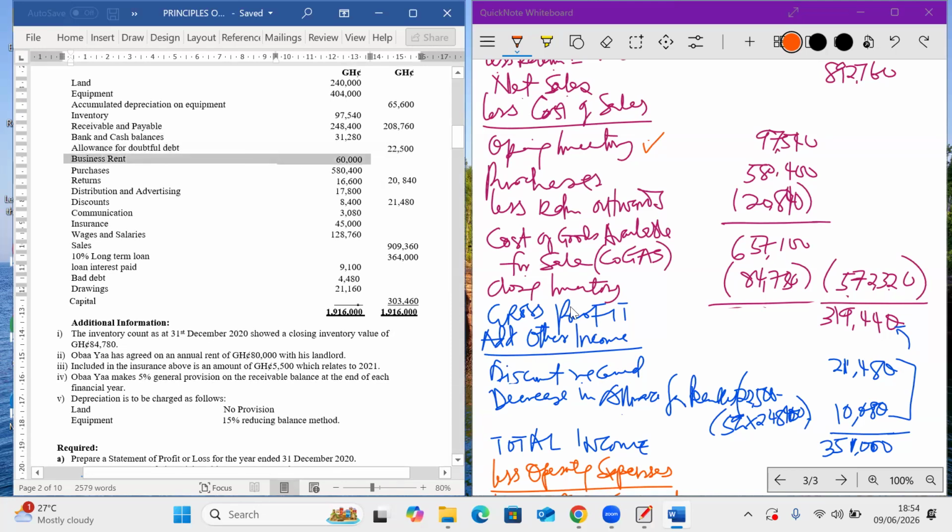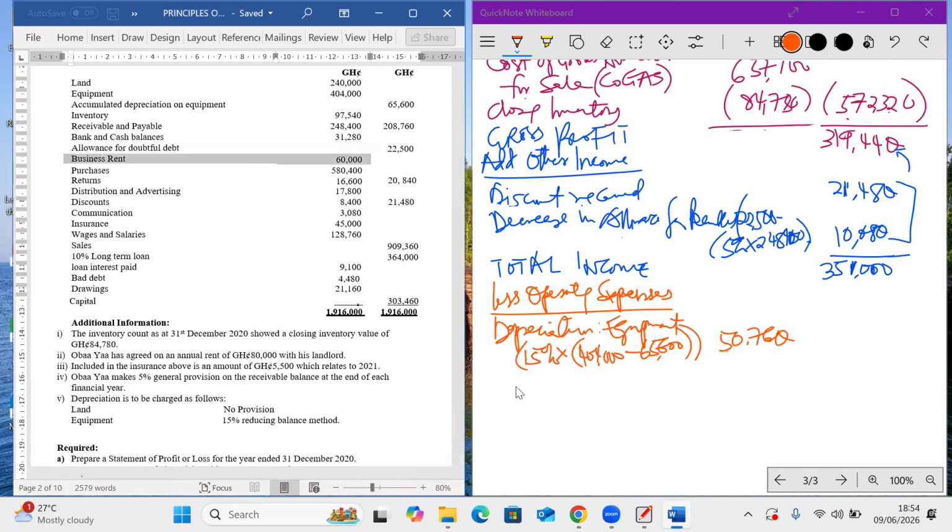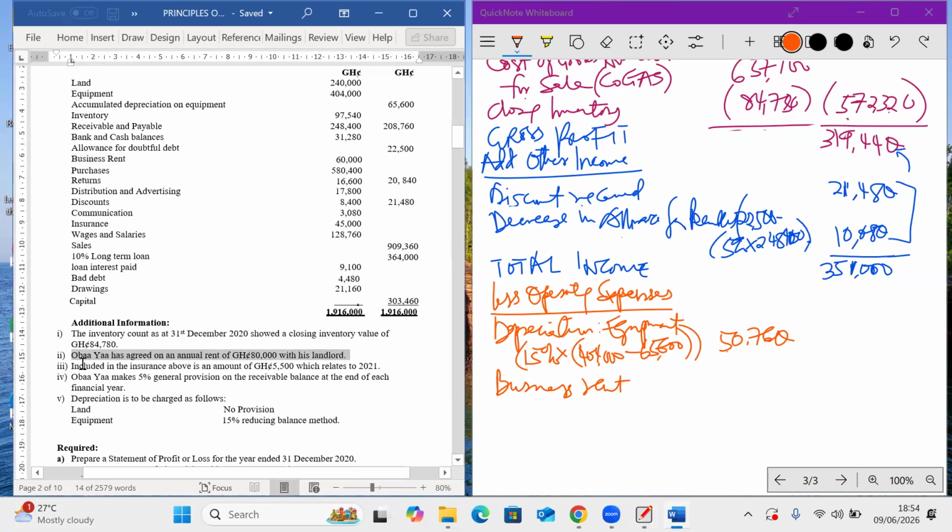Business rent is the next expense. So we come here and we say business rent. Is there anything on business rent in the additional information? Yes, annual rent. That's why you have to write the footnote against them. It says our buyer has agreed on an annual rent of 80,000 with his landlord.